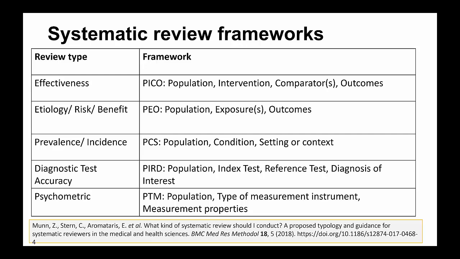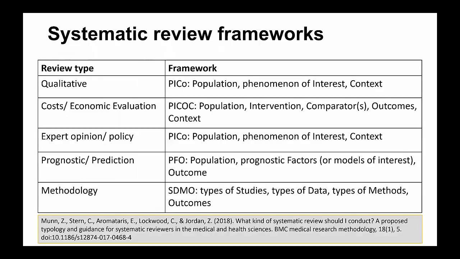In my practice, of course, I see plenty of PICO questions, but PEO is one of the most common, and that's where you have a population, exposure, and outcomes. Of course, I also work with a lot of public health folks, so that fits in there as well. Prevalence is moving up in how often people want to conduct a systematic review on a prevalence study. And then here are some other types.